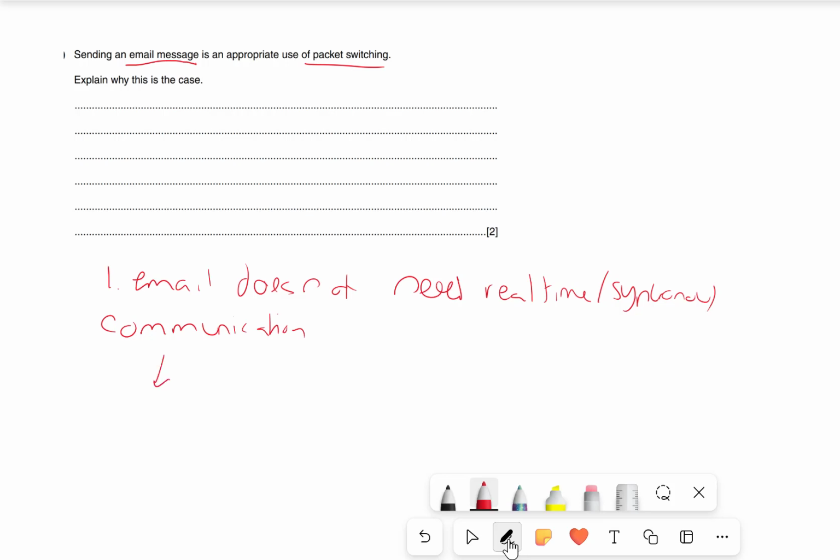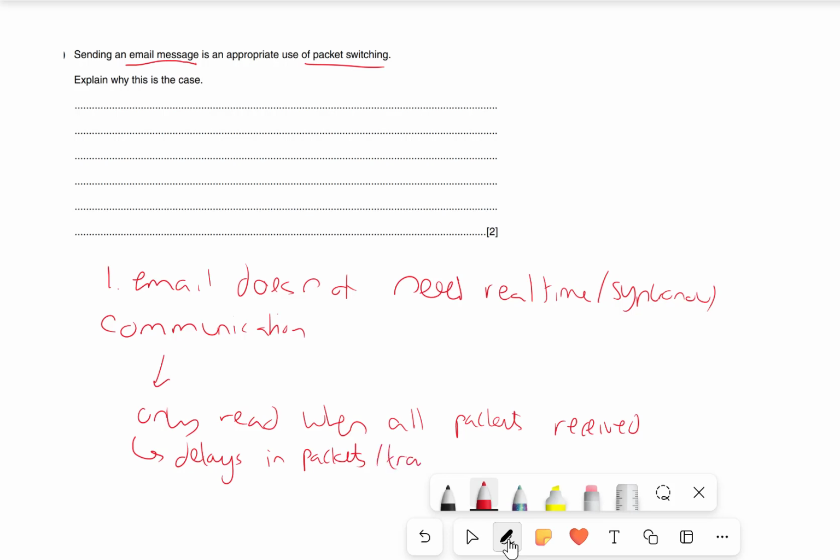The message, say an email message, is only read when all packets are received. Delays in packets or delays in transmission doesn't matter much. It doesn't matter much if it takes a bit of time for an email to go through. Unlike video.